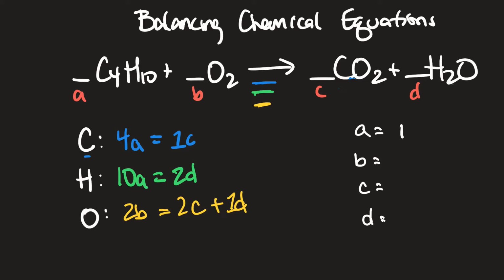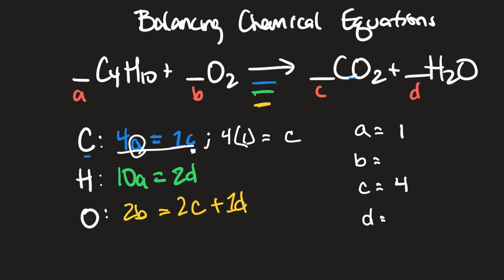For example, I made A 1, so I could use this first equation to solve for C. If A is 1, then 4 times 1 equals C, so in this case, C is 4.